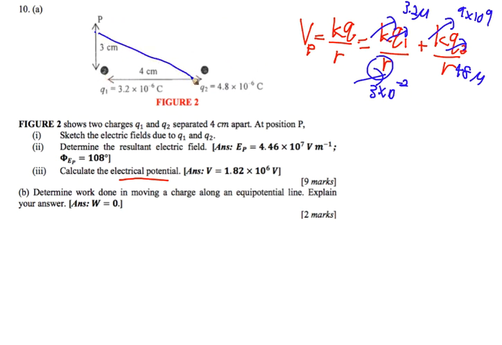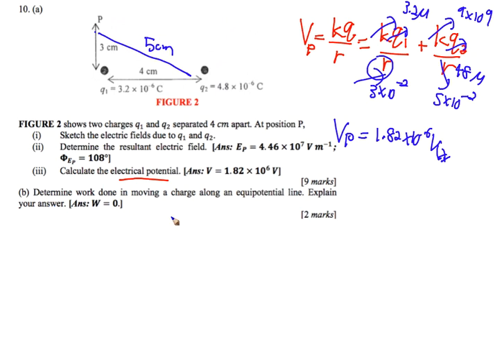You can use the triangle here, this is 5 cm, so R here is 5 times 10 exponent minus 2 meters. So the final answer for V at the point P is 1.82 times 10 exponent 6 volt.